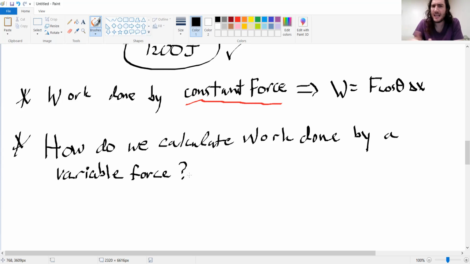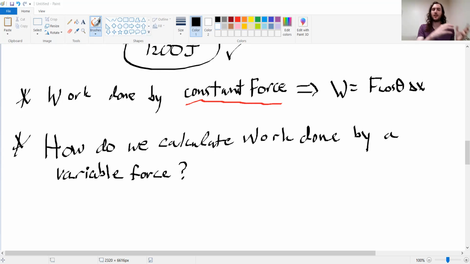And what did we do in that case to find the velocity when we had this variable acceleration? So question for you guys. What did we do to find the velocity when we had a graph for the acceleration and it wasn't constant?